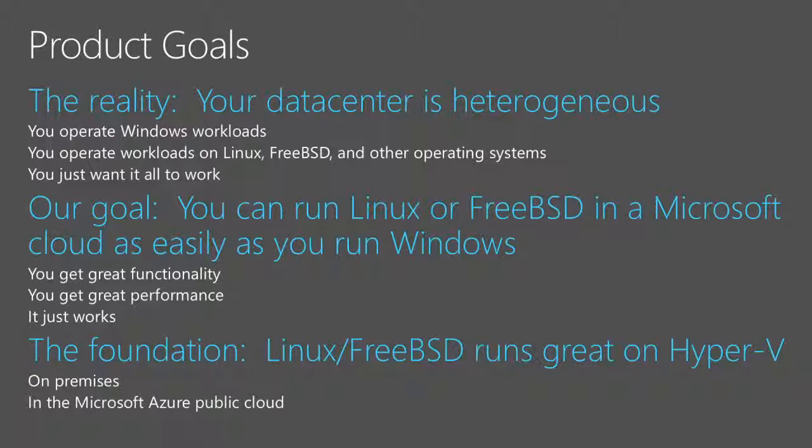We've had a number of customers that have been successful in deploying Linux, deploying Windows into their Hyper-V infrastructure, and running it as a single unified infrastructure, so that you get the great functionality, you get the great performance. And this is the foundation for the private cloud, whether that's on premises, and then all of the work that we're doing here also plays into the public cloud in terms of what we're doing with Azure.